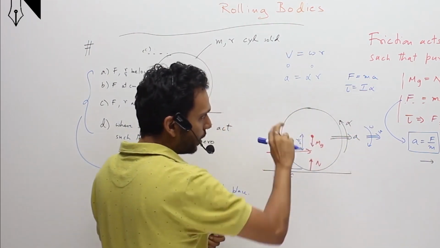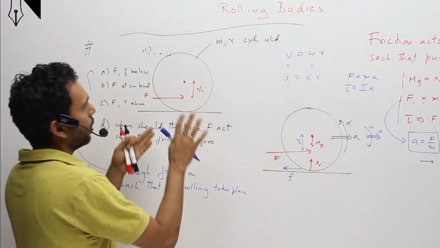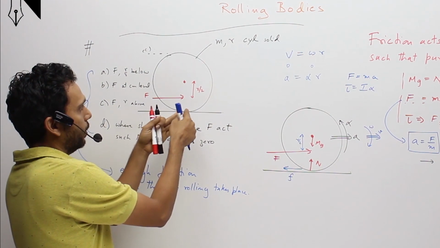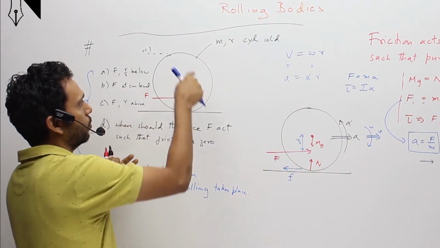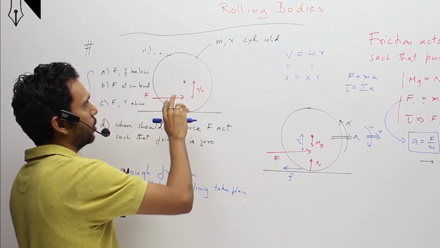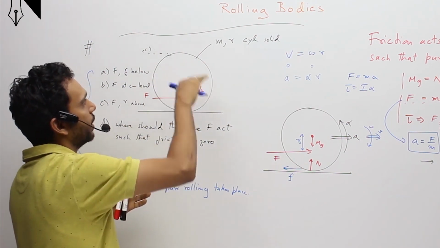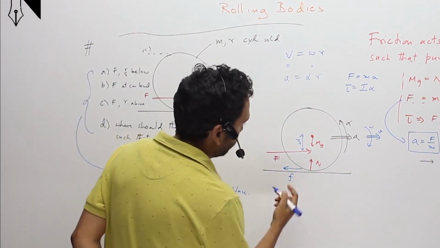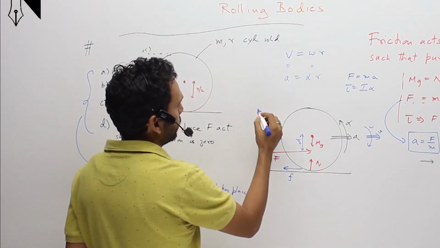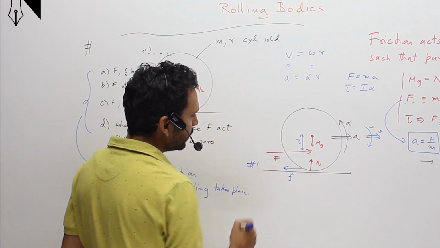So reduce a, increase alpha. Anyhow it had to roll forward, then your f had to go back. F had to be backwards, then only this thing will start rolling forward, because there is no other force to make it roll forward. So f should be backwards.